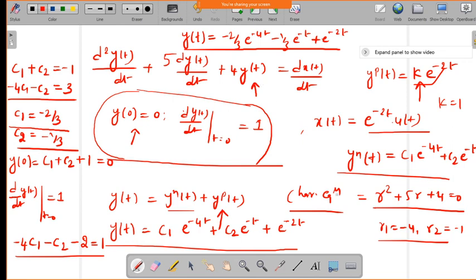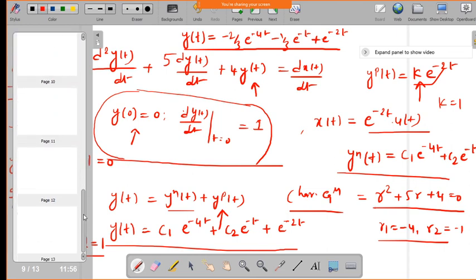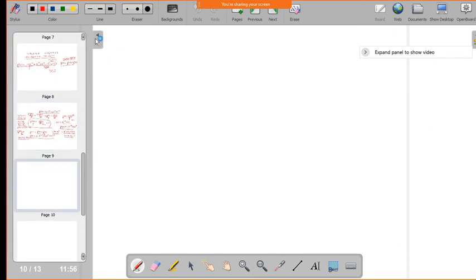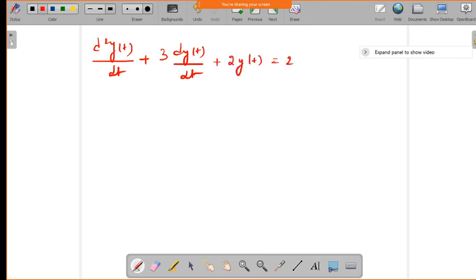Okay. So, now you take another problem, try to do it and tell me the answer in the next class. Take this differential equation, which is given by d square y(t) by dt square plus 3 into dy(t) by dt plus 2 into y(t), which is equal to 2 into x(t).